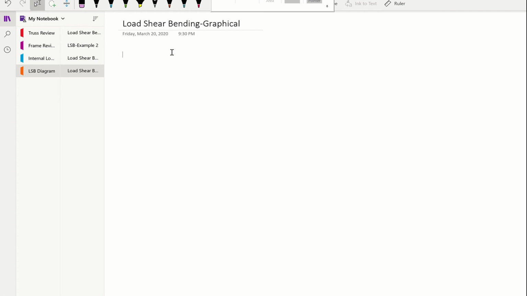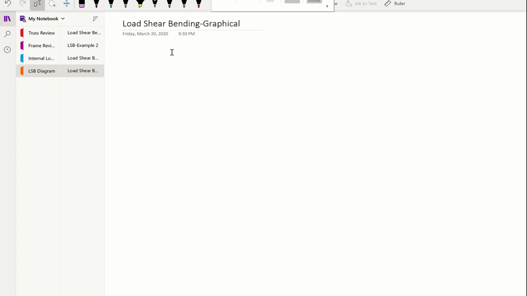I will write down those rules first, and then we're going to use the 3 examples we did for analytical and redo them with this brand new graphical approach, and we should get the same answer, right?